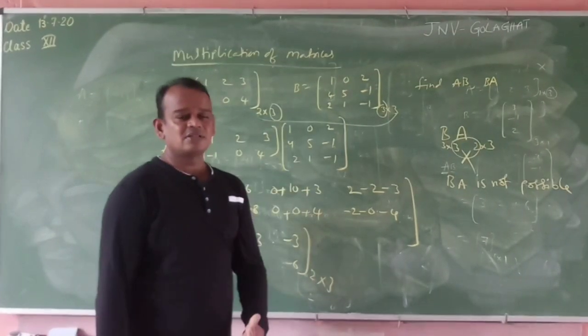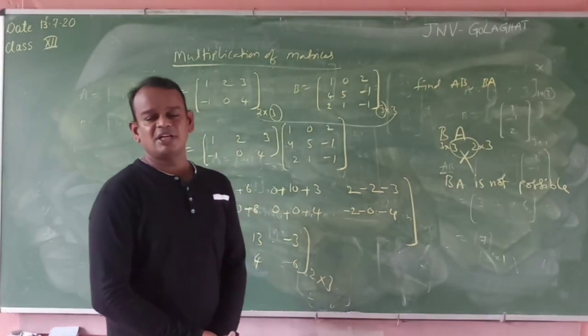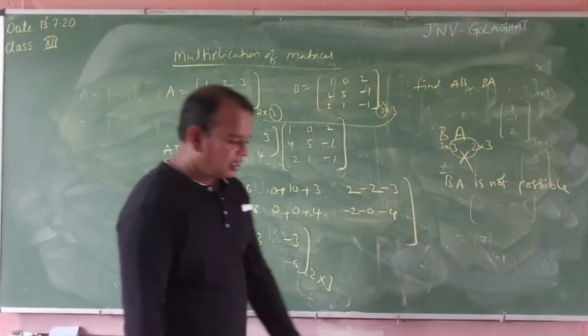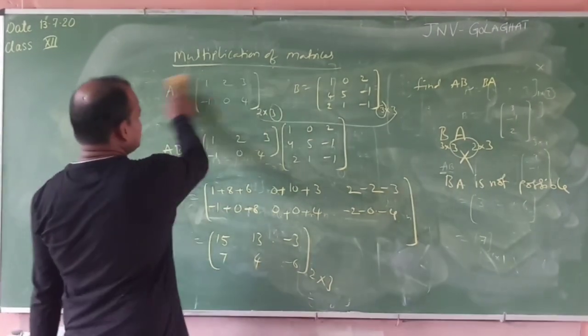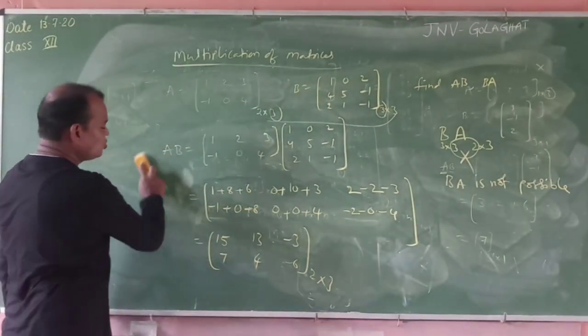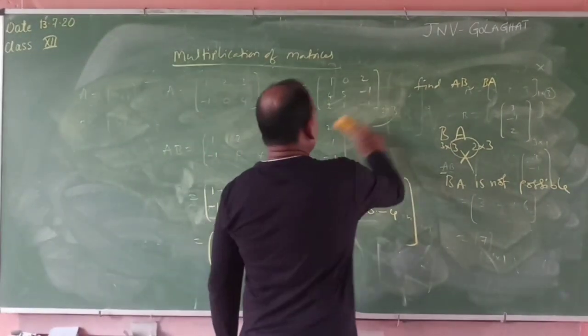You will think once, we will do the exercise, all the problems, we will do multiplications, each and every one. Okay. Next one. In these multiplications, one question is most important from the examination point of view. What is that question?